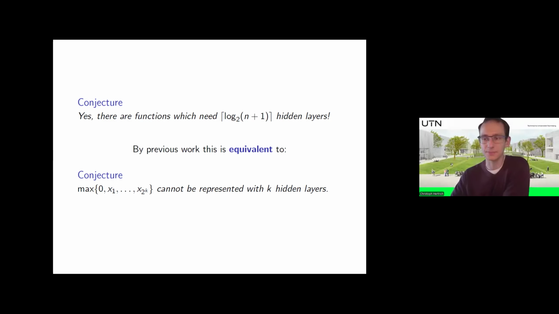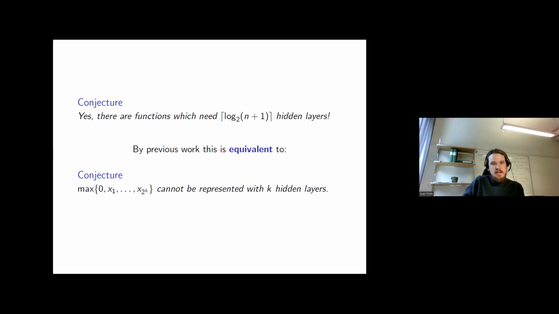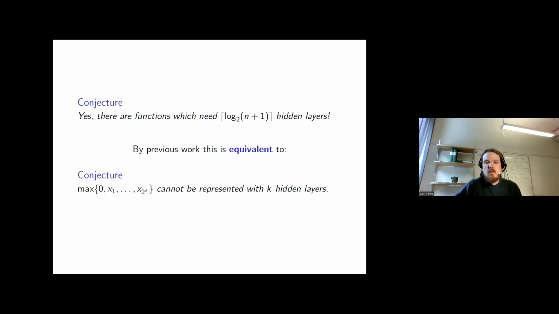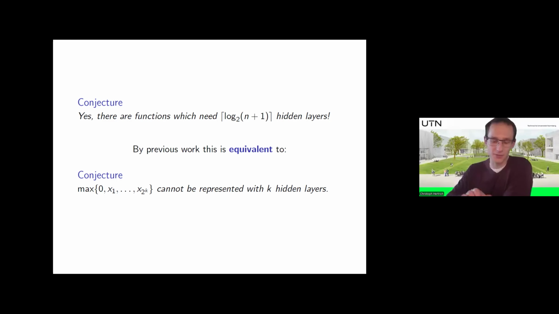Any other question? Here the width of the network is always unlimited, right? Yes, right now we don't care about width at all. So what's the relation to universality, the universality theorem? I guess the big difference is that we are talking about exact representations.